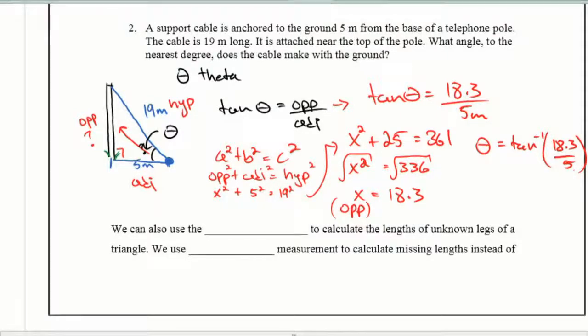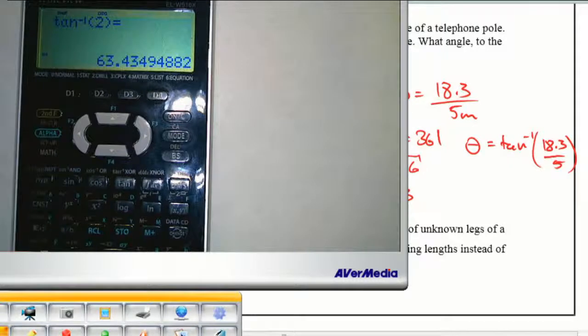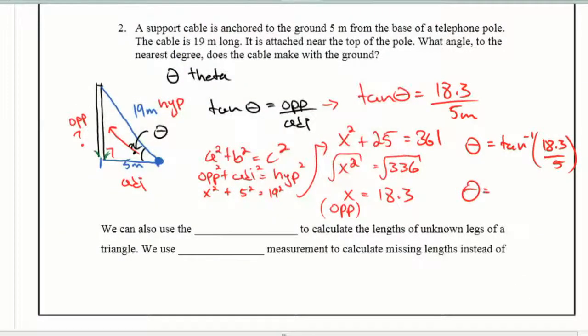So if I jump to my calculator, I'm going to go second tangent, 18.3 divided by 5. Close my bracket. It works out to 74.7 degrees. So we'll call it 75. Theta is 75 degrees.